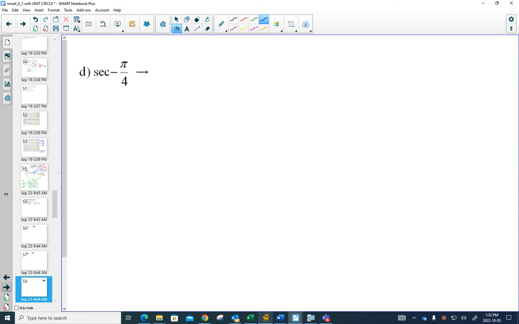When you get to ones like secant, cosecant, and cotangent, what you're going to do first is figure out what cos is. And notice the angles never change. So it'll still be the pi over 4 family. It will never be 4 over pi. You never change your angles when flipping between secant and cosine or cosecant and sine.